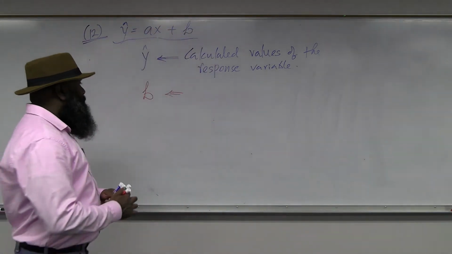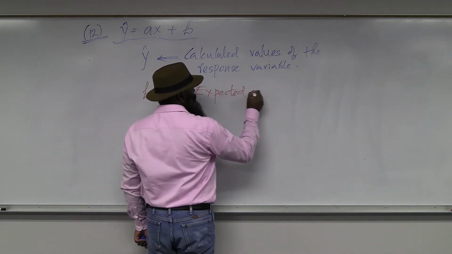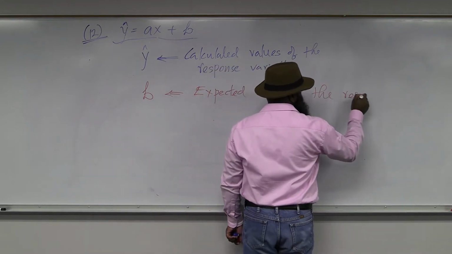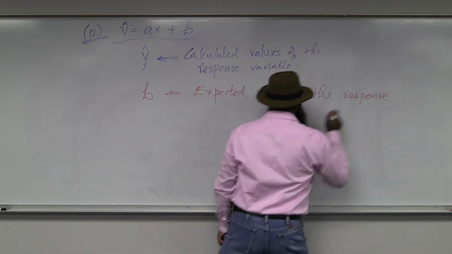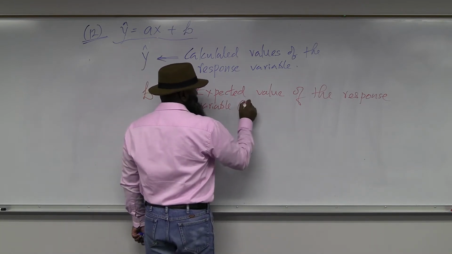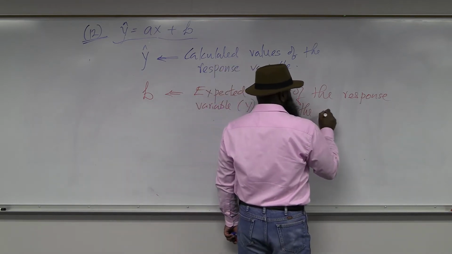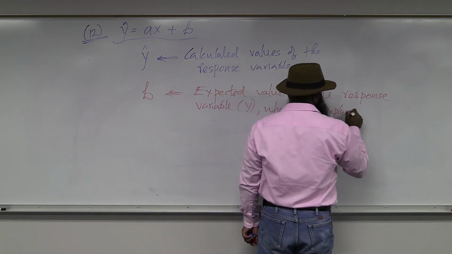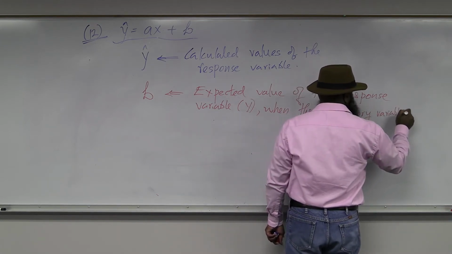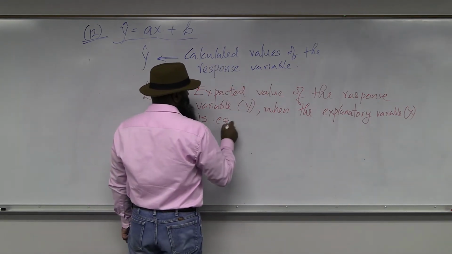So I would say expected value of the response variable, which is the variable y, when the explanatory variable, which is the variable x, is equal to 0.